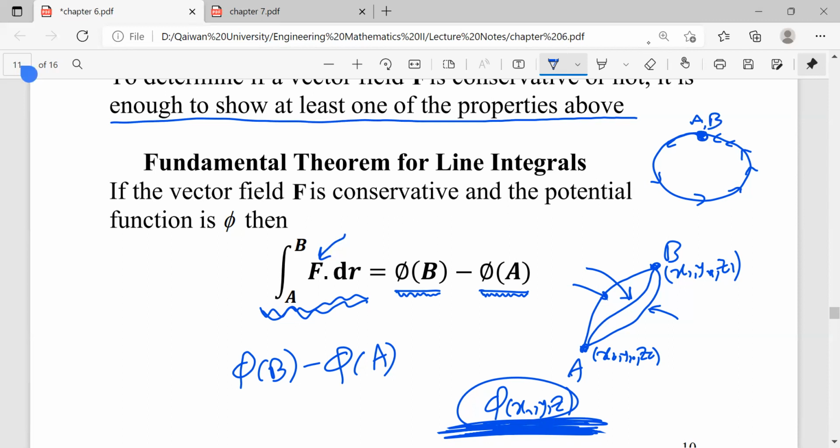Now we say the potential function phi of x, y, z at A and at B are the same. If we subtract phi of B from phi of A, it's 0, because both are the same point. That's why we say the line integral of a conservative vector field over a closed curve is 0. It must be 0.